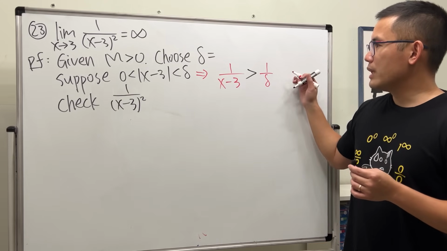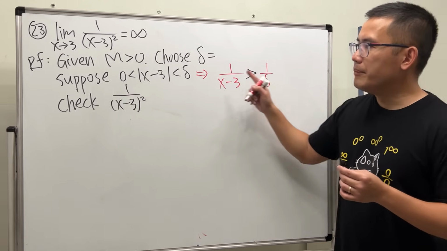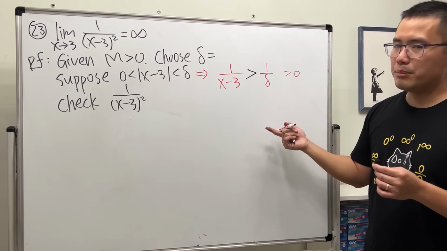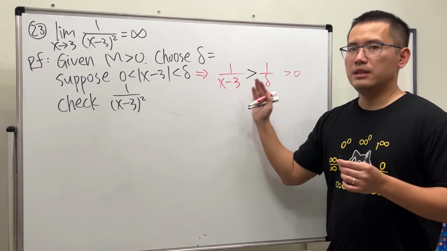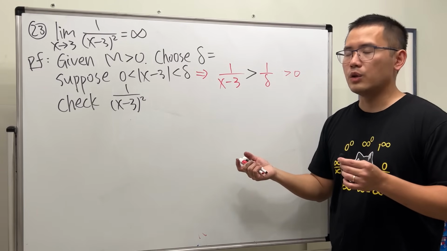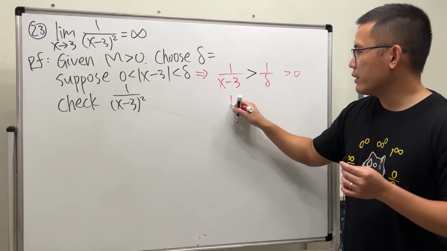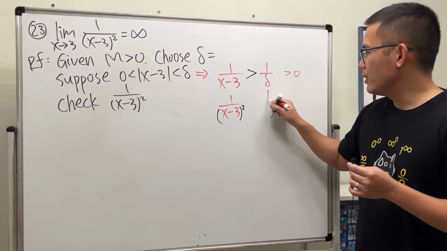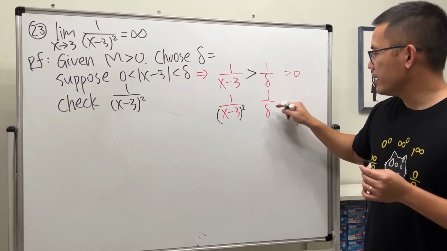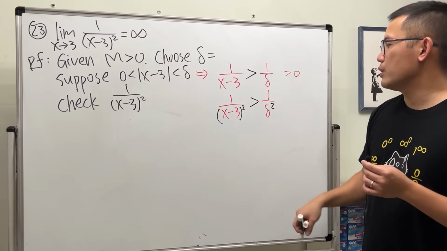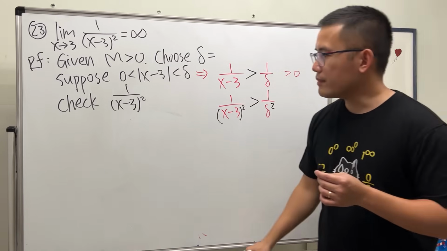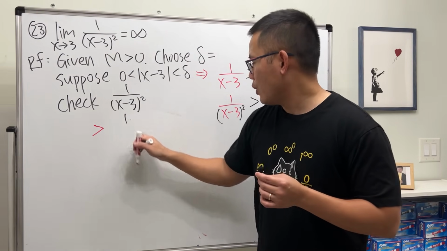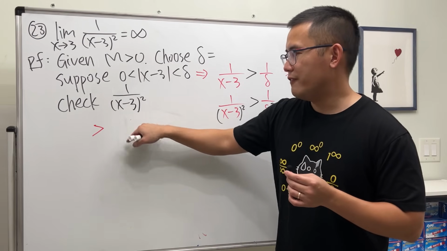Especially once we know they are both positive. I'm not taking the reciprocal of the 0 though. I'm just saying they are both positive. I can square this and square that, and I can still maintain the inequality. So this is 1 over (x minus 3) squared greater than 1 over delta squared. I still maintain the inequality. Yeah. So I can actually just say that's greater than 1 over delta squared. Very nice, huh?